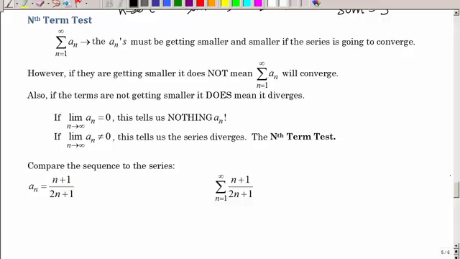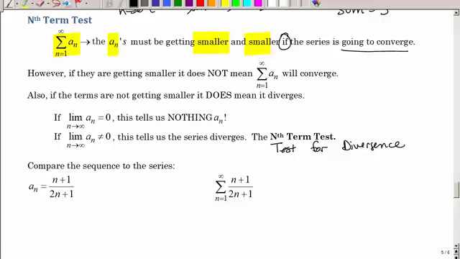The next thing we need to talk about is what's called the Nth Term Test. So let's look and see what this Nth Term Test says. It says if we have a series, we're going to look at the terms. The terms have to keep getting smaller and smaller, but here's the big thing: if the series is going to converge. It doesn't say it will converge.